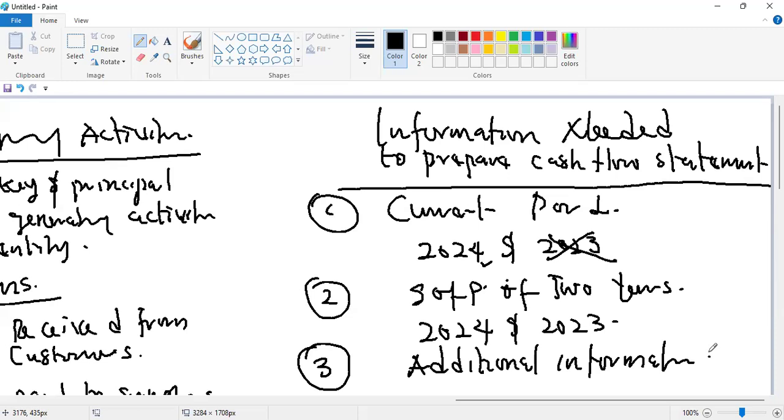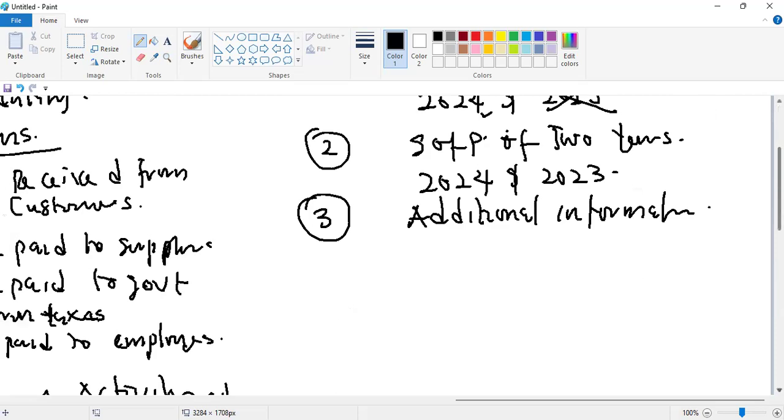Now, the first one is information on non-cash items. I need information regarding non-cash items. Yes, one, you must supply me non-cash items.